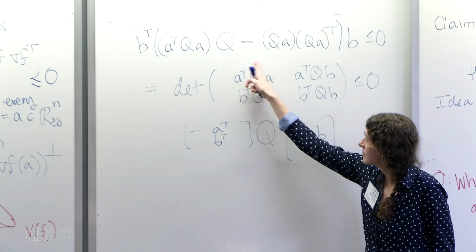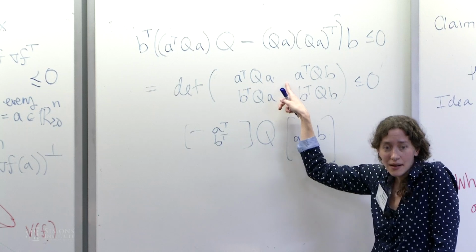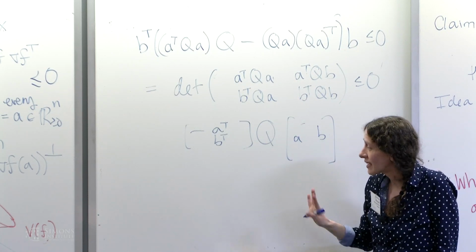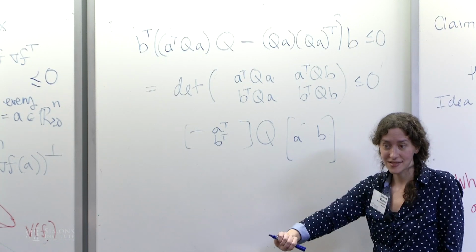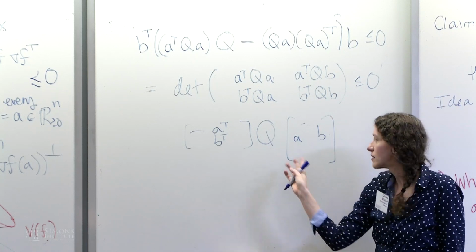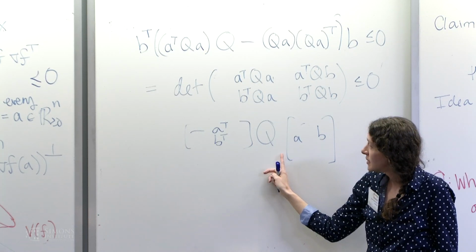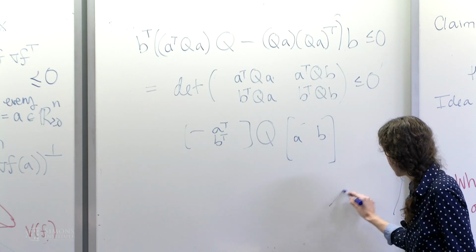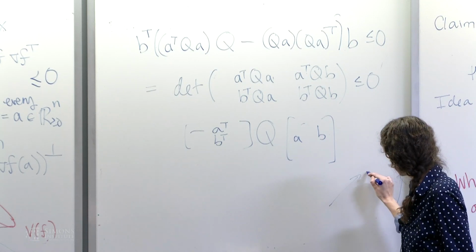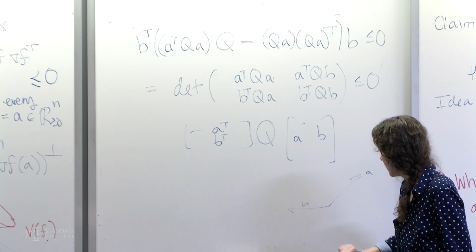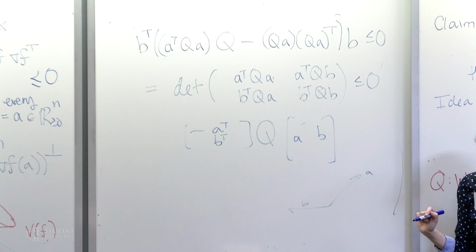This is some positive number, so the matrix is not going to be negative. There's going to be at least one positive eigenvalue, and this is saying that there's also a negative eigenvalue, or zero. So for every vector in the positive direction and any other vector B, you restrict to this linear space, you get an indefinite quadratic form.